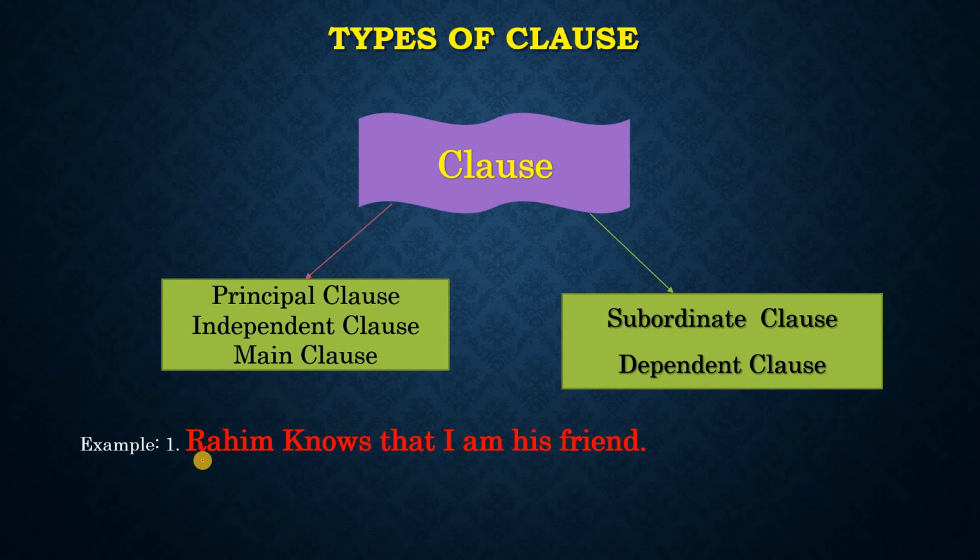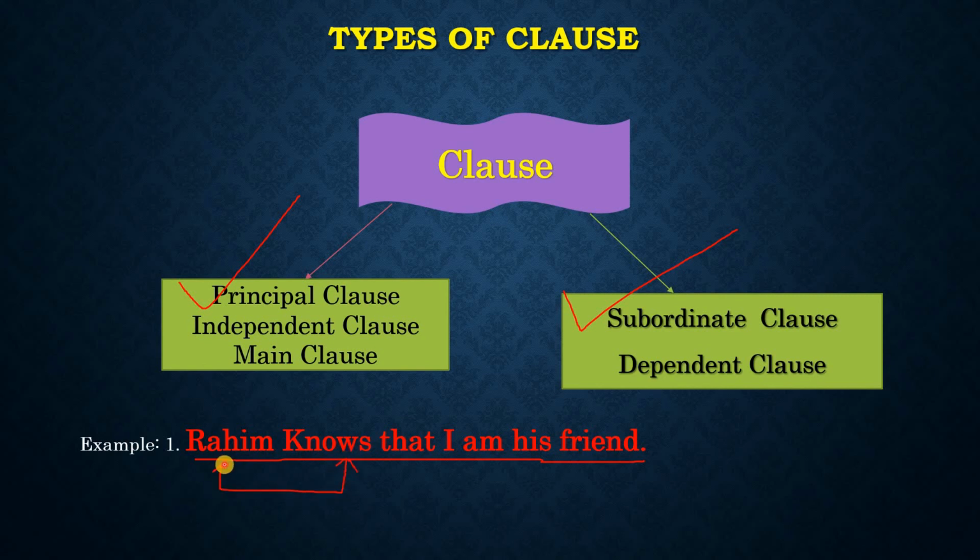Dear students, Rohim knows that I am his friend. There are two parts in this sentence. So you have to try to understand which one is the principal clause and which one is the subordinate clause. Rohim knows.